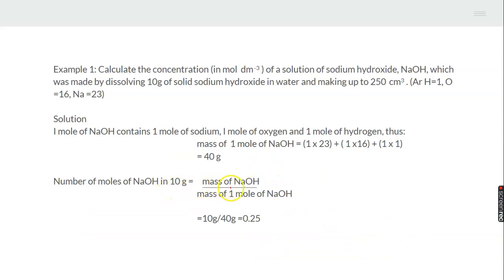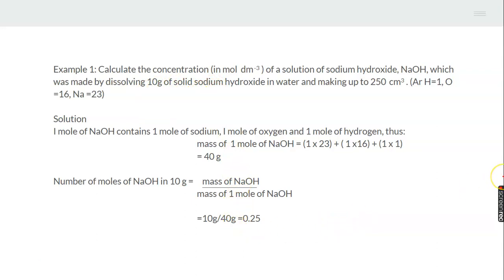By using that formula, we are able to calculate the mass. One mole of sodium hydroxide contains 1 mole of sodium, 1 mole of oxygen, and 1 mole of hydrogen, which we get to be 40 grams. Then we divide the mass given to us, which is 10 grams of solid sodium hydroxide, by it.